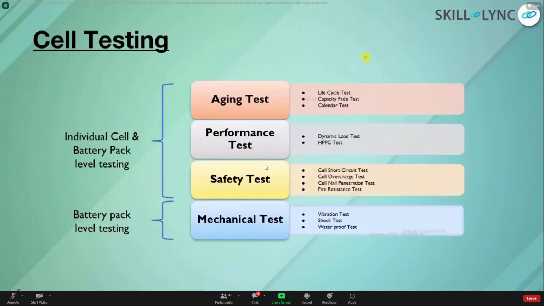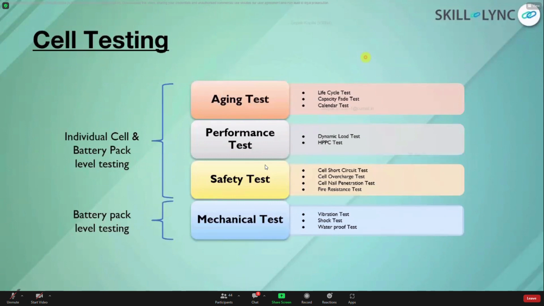All right. So we can categorize the cell testing into 4 different categories. The first one, aging test. In this test, we will see how the cell ages with respect to different conditions.